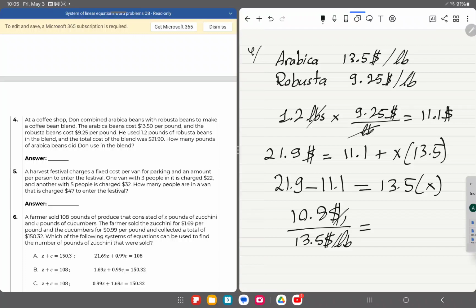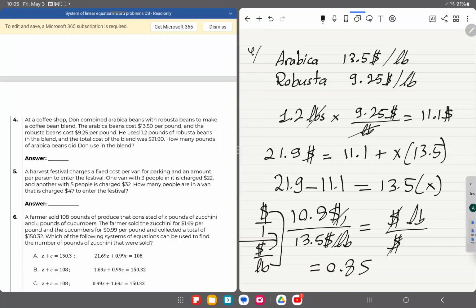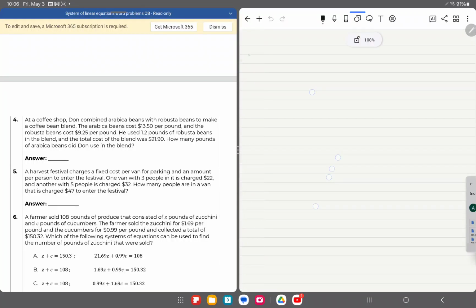So dollars over one, over dollars per pound. Dollars and dollars go away, and you're left with pounds. So this one is 0.8 pounds. This is the answer to number 4.